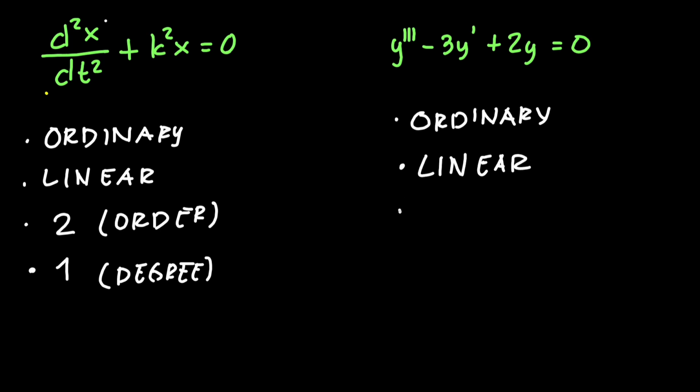Next up, let's see the order or the highest derivative. We can see here that y triple prime is the highest derivative. So the order here is 3. And so, based on the highest derivative, its exponent is automatically equal to 1. So that is its degree.